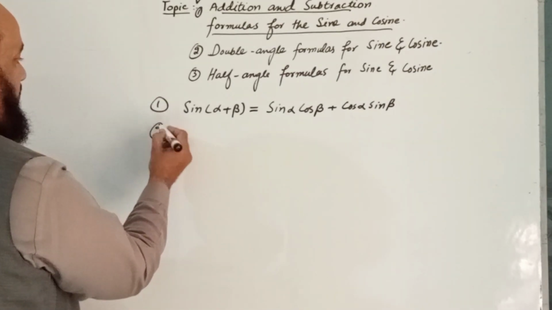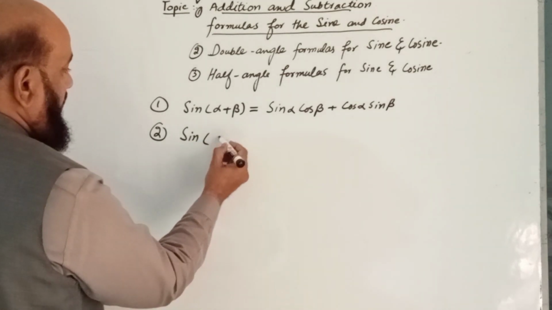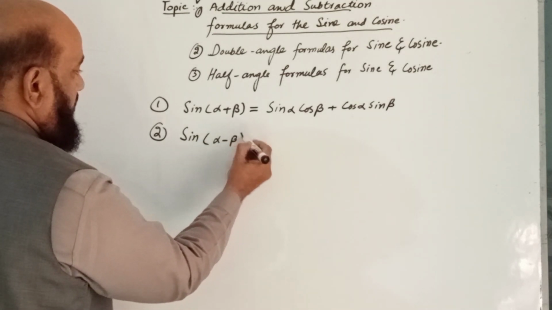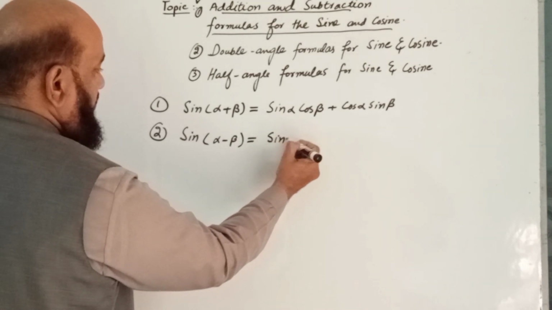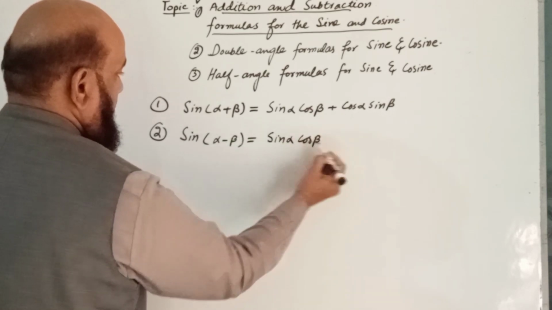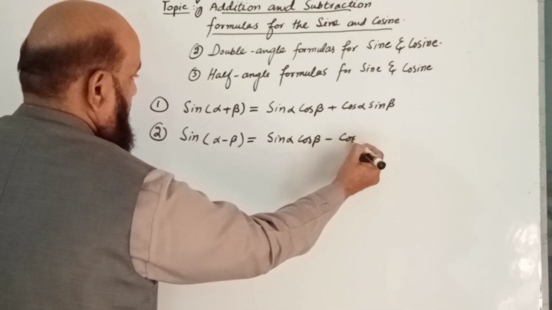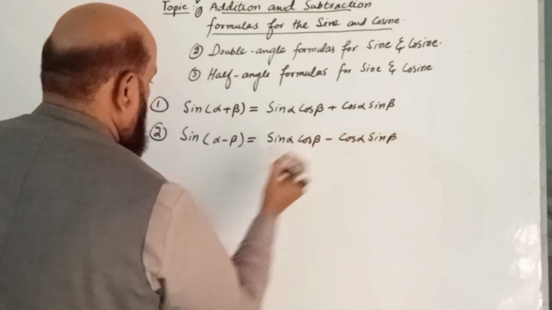Second formula is sine of alpha minus beta is equal to sine alpha cos of angle beta minus cos alpha sine of angle beta.